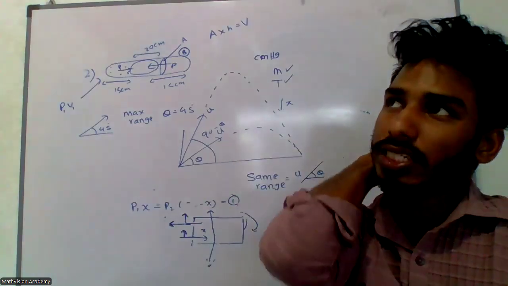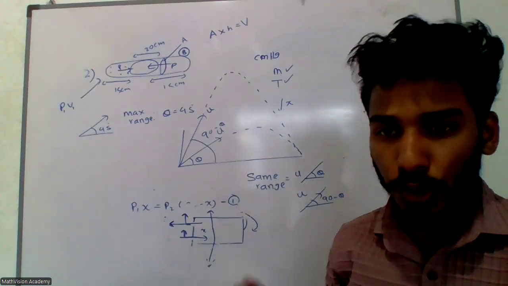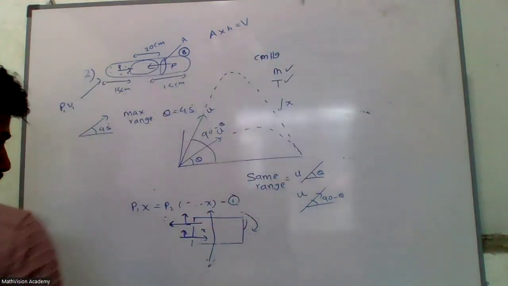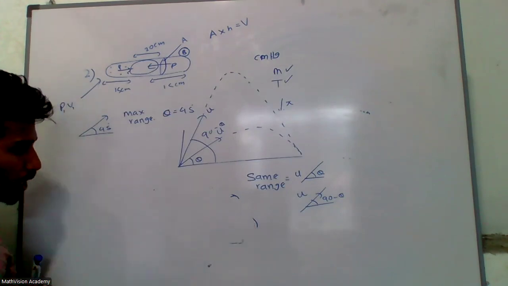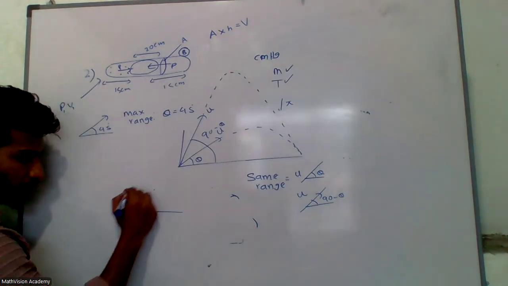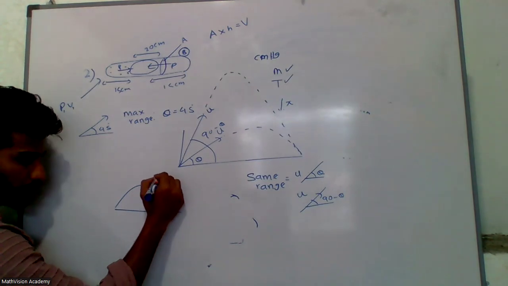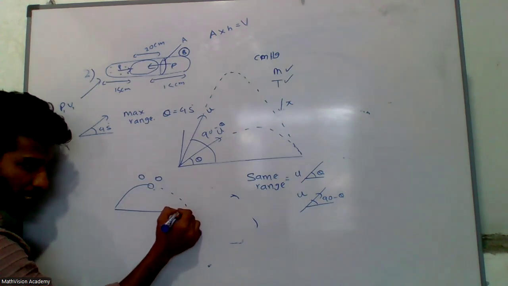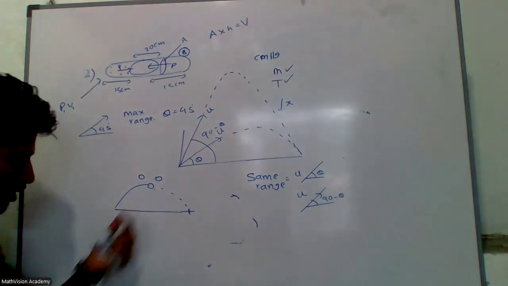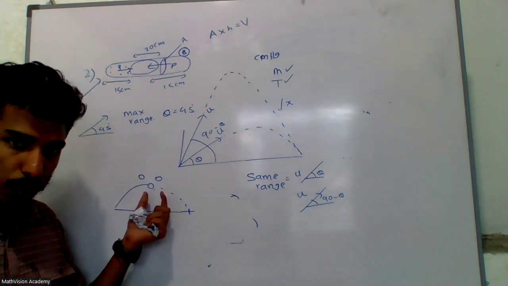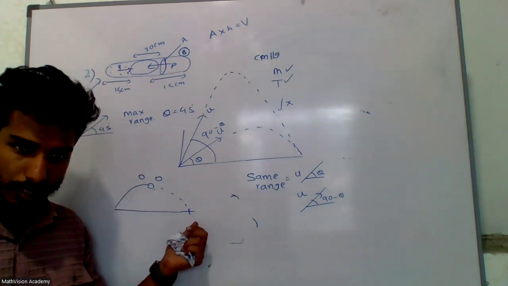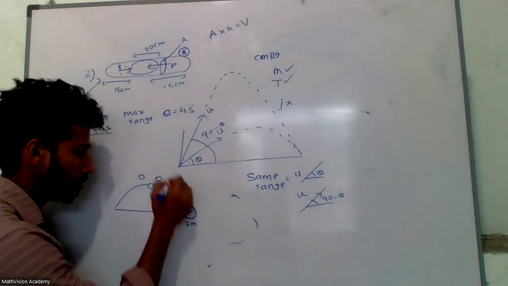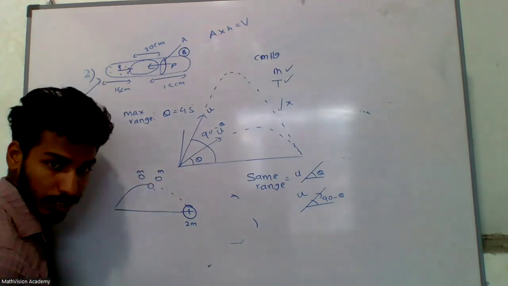And there's another point for projectile where you don't need the angle. If you have an explosion, let's say there's a mass, it exploded, this original path is going to continue the same range. If it didn't explode, it's going to continue the same path. So let's say the mass is 2m, it breaks into identical pieces.